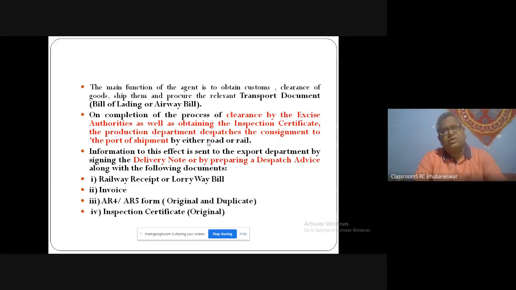Other documents include the railway receipt; if you transport through railway, a railway receipt is required. Invoice is required as a document. A4 and AR4 and AR5, I have already stated at the time of exporting goods, original as well as duplicate. Means a duplicate copy is required.